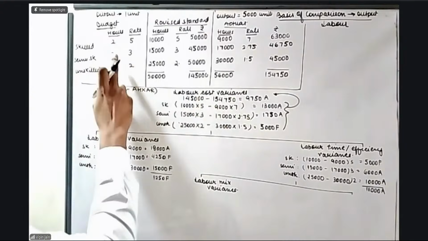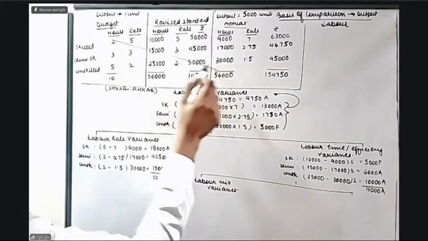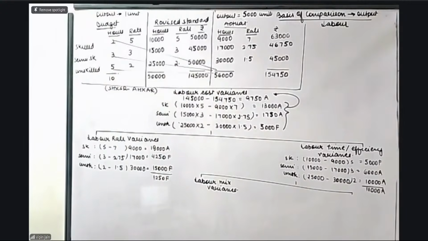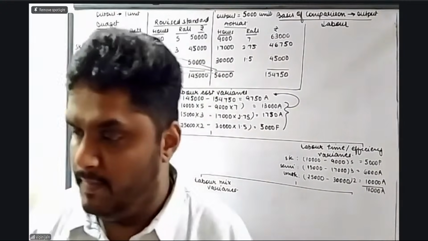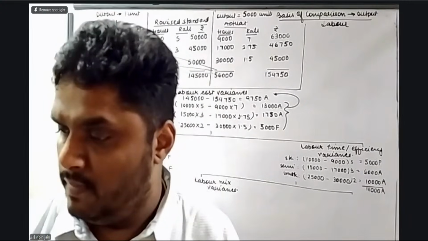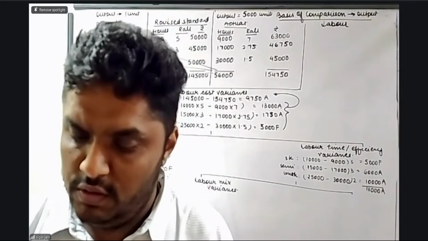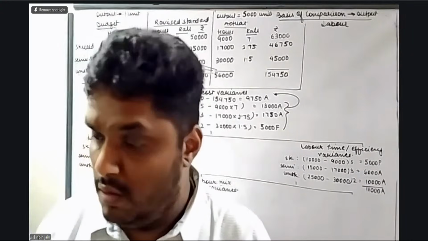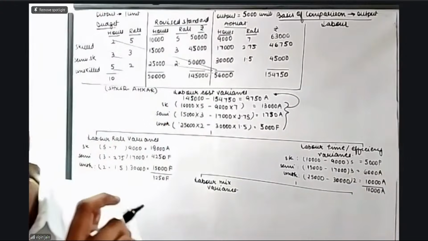It should be in the ratio of 2:3:5. So 56,000 should be in the ratio of 2:3:5. Very good, Nikunj. So 11,200.